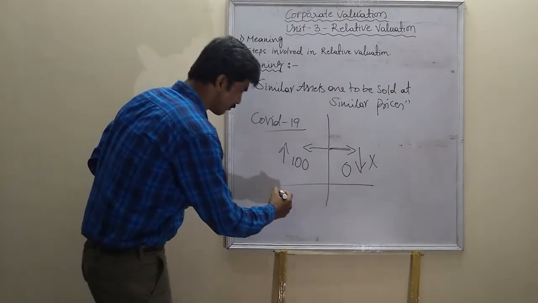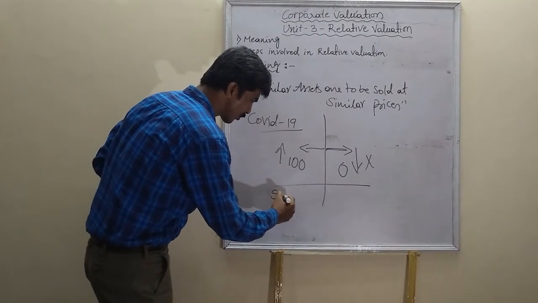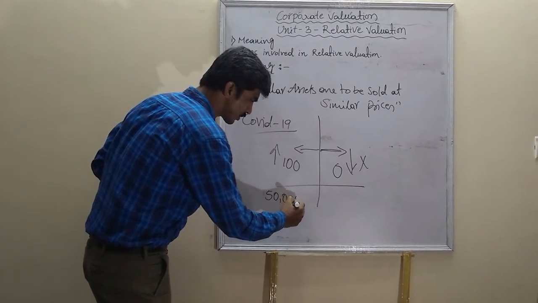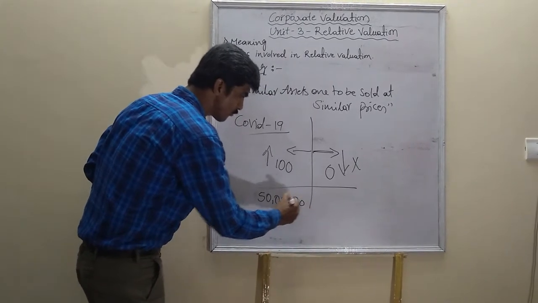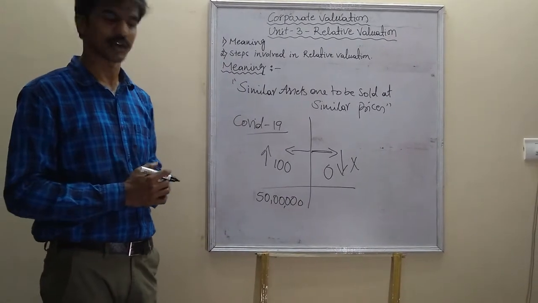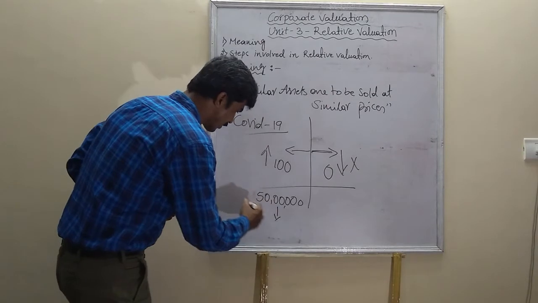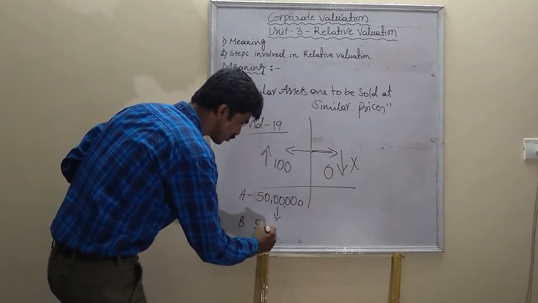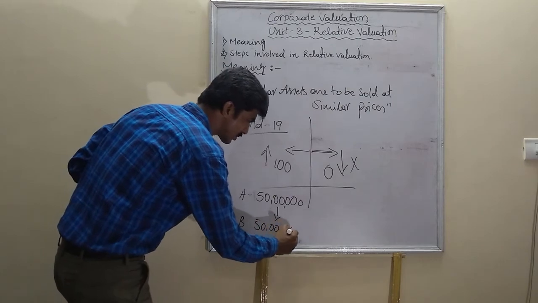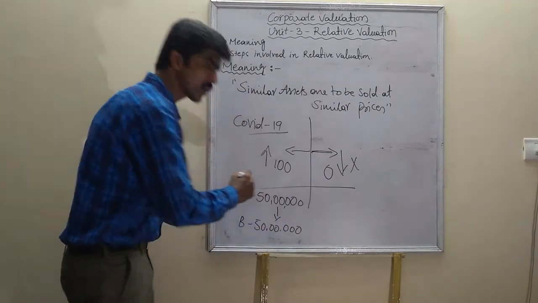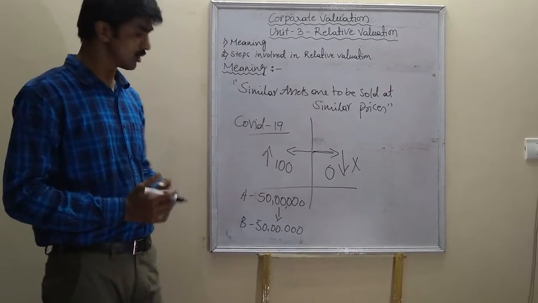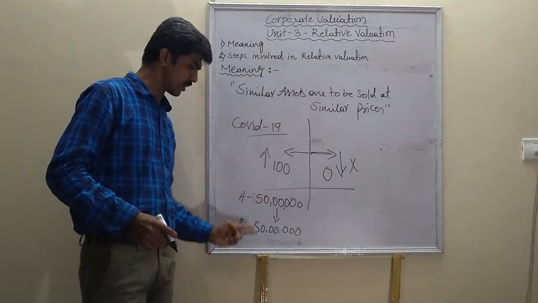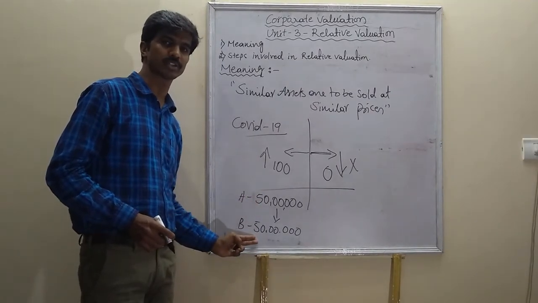Before COVID-19, it was costing 50 lakh rupees, right? The other asset, for example, person A's flat, or person B's flat, was also selling at 50 lakh rupees only. There was no difference between you and your neighbor's flat.